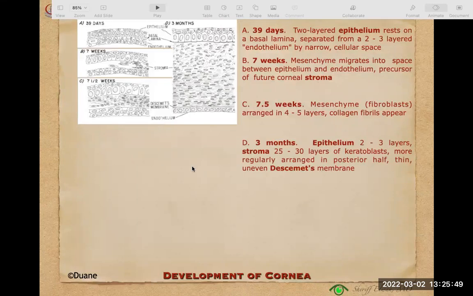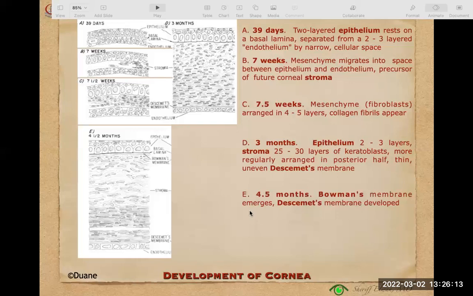At 3 months, which is almost 12 weeks, the epithelium increases into 2 to 3 layers, the stroma into 25 to 30 layers, more regularly arranged posteriorly, and the Descemet's membrane appears as a thin, uneven structure.